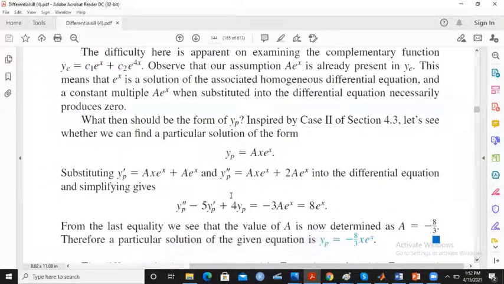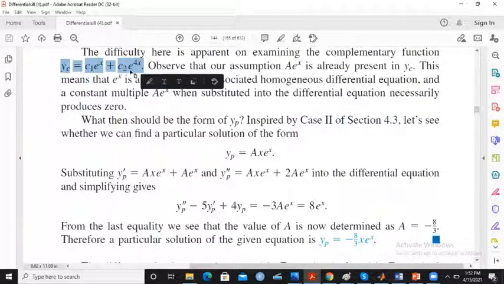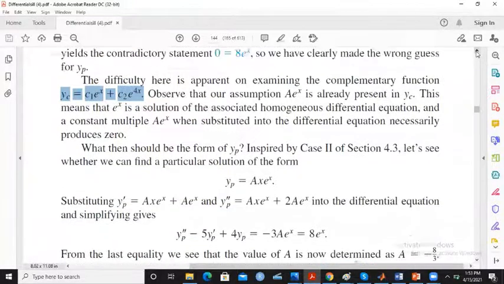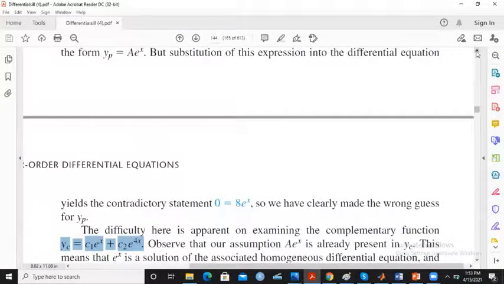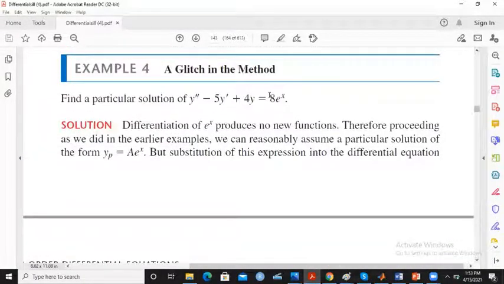Let me quickly take a look at yc. I have my yc here, c1 eˣ plus c2 e⁴ˣ. This is the complementary solution. But students, please carefully look at the right hand side of the given differential equation, 8eˣ.